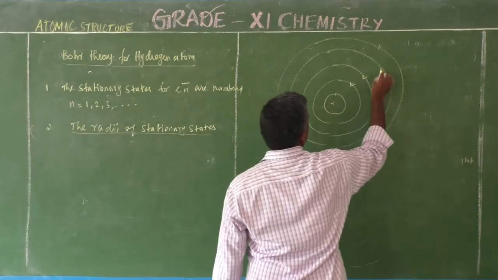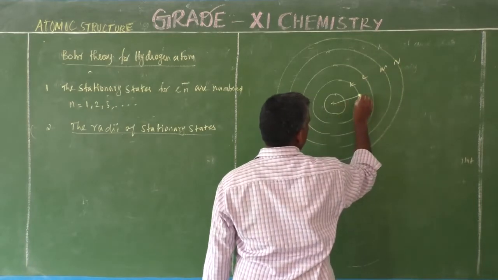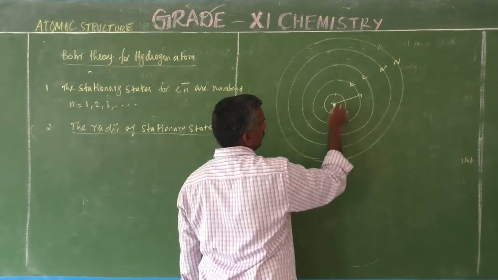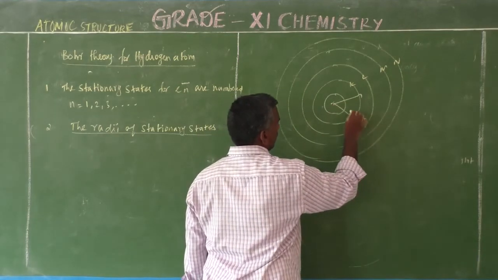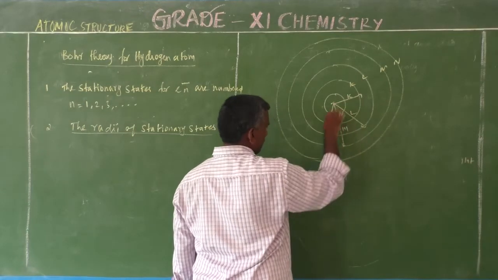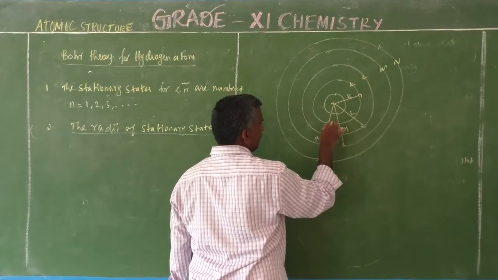K cell radius, L cell radius, M cell radius, and N cell radius.